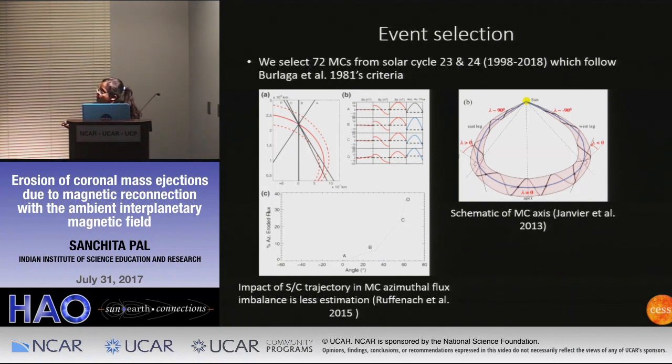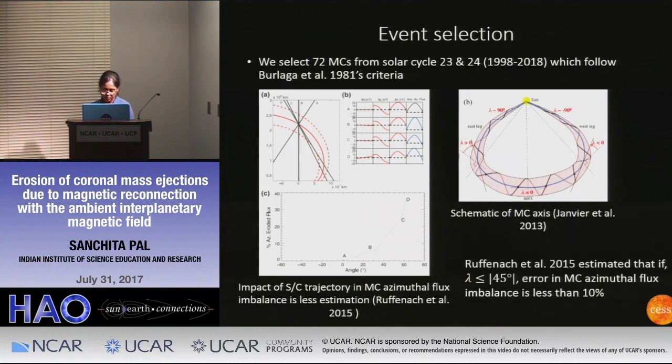There is no imbalance in this accumulated flux if the magnetic cloud is not eroded. But if you observe spacecraft path D, for which lambda is maximum, you can see the imbalance is generated although the CME is not eroded. So it is important to consider the lambda angle.